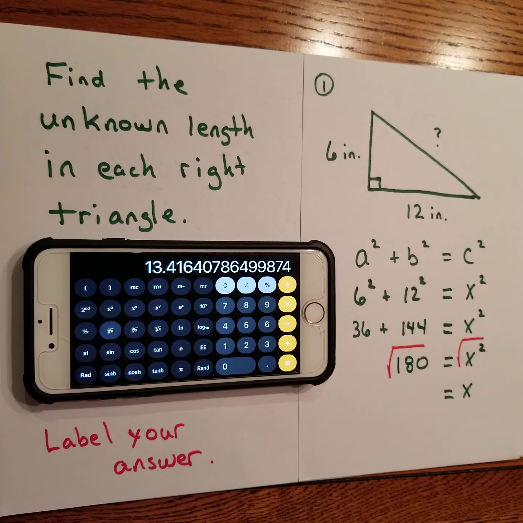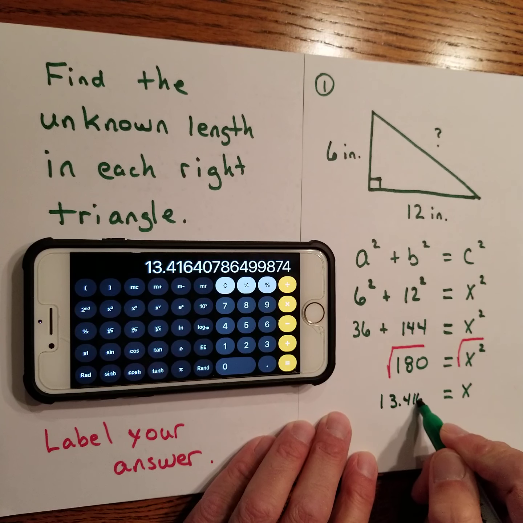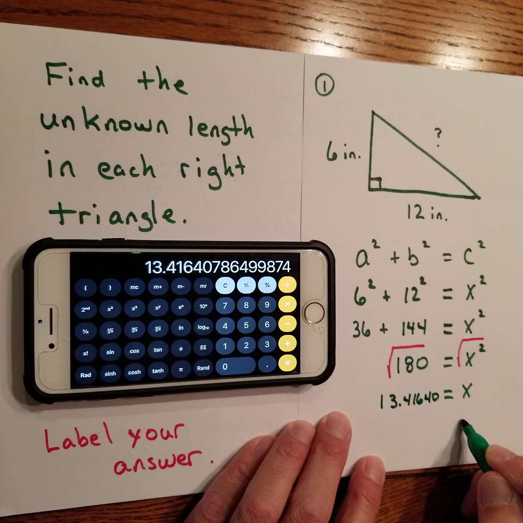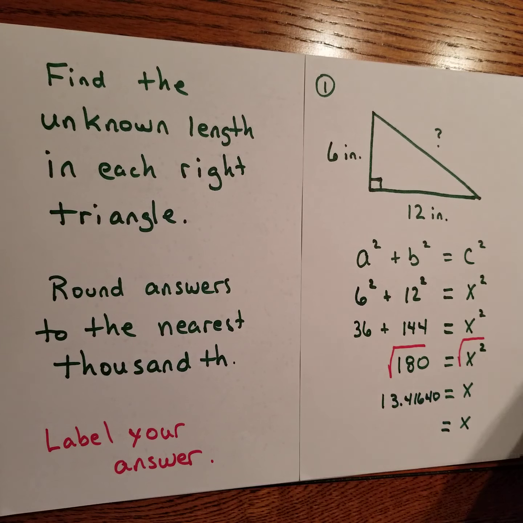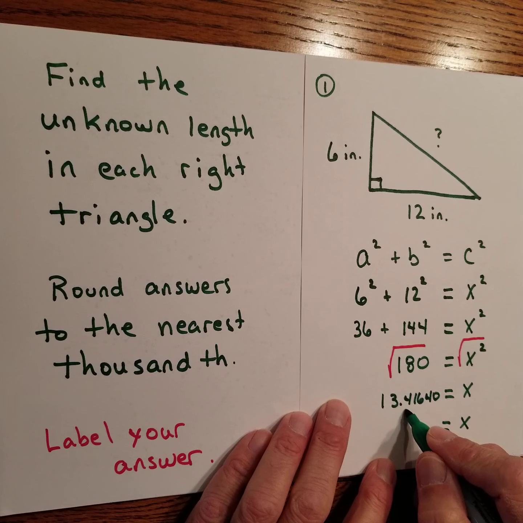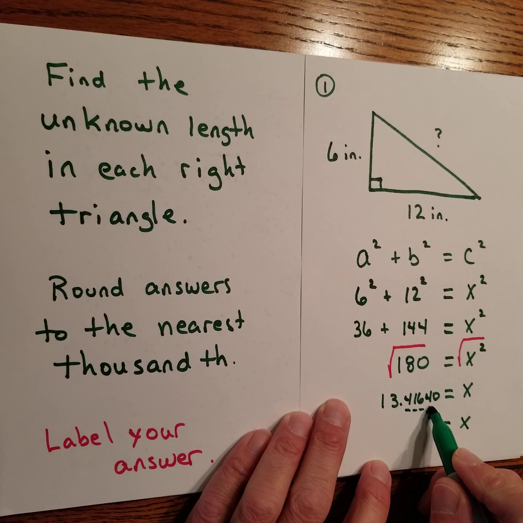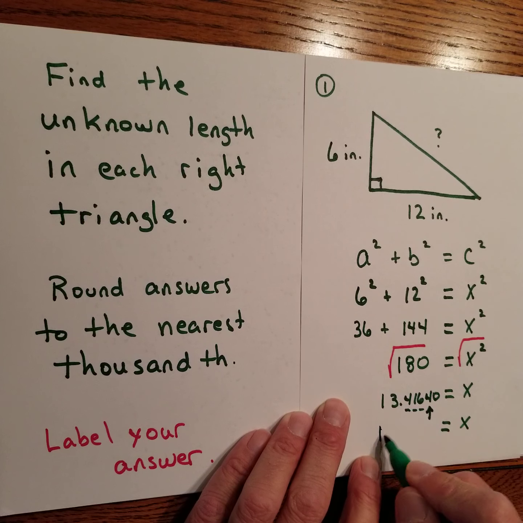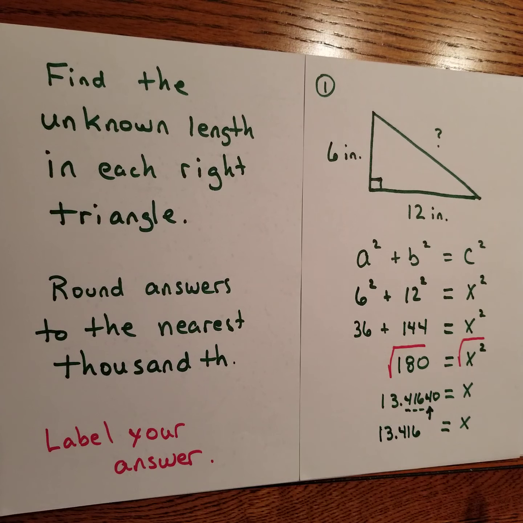The square root of 180 is 13.41640. Now remember, my final answer should be rounded to the nearest thousandth. 1,000 has 3 zeros in it, that's 3 place values. The next place value out is small, so that stays a 6. That's 13.416.